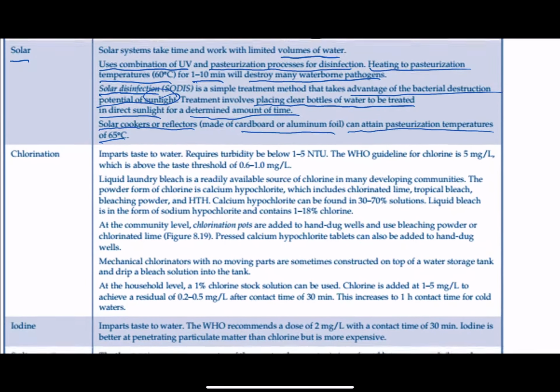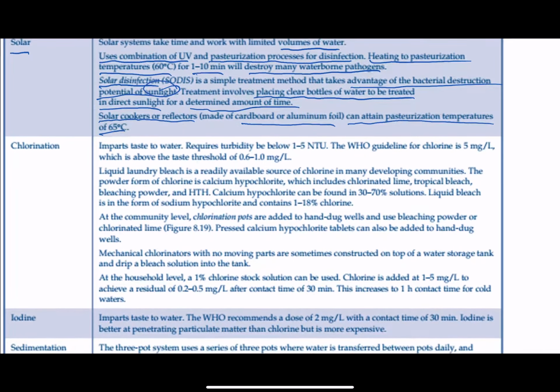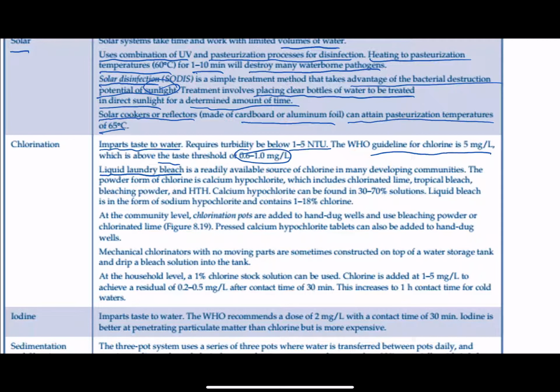Chlorination is the other option, where you could add bleach. By itself, it imparts taste to water and requires turbidity to be below 1 to 5 NTU. The WHO guideline for chlorine is 5 milligram per liter, which is above the taste threshold of 0.6 to 1 milligram per liter. Liquid laundry bleach is a readily available source of chlorine in many developing communities.